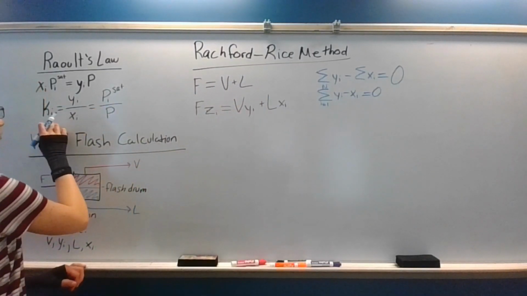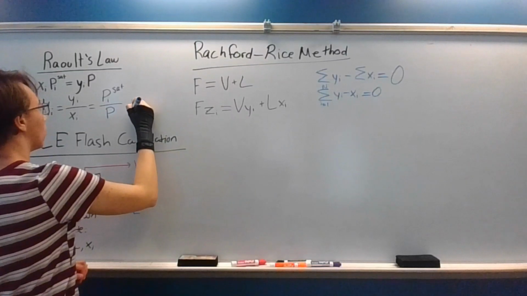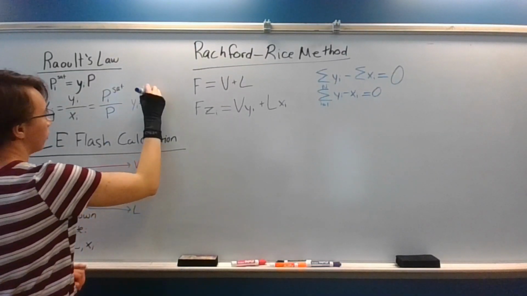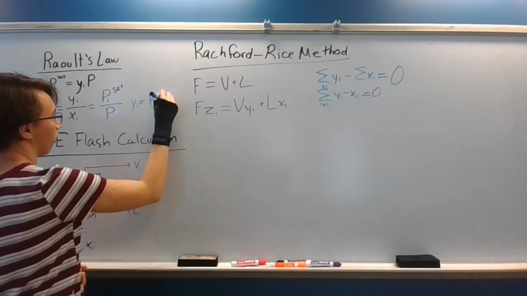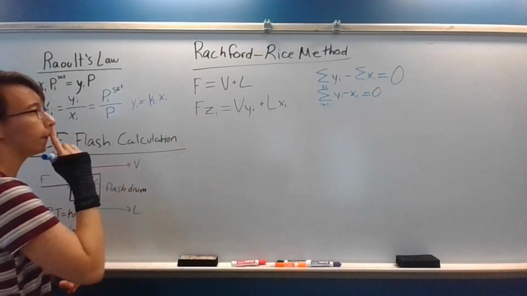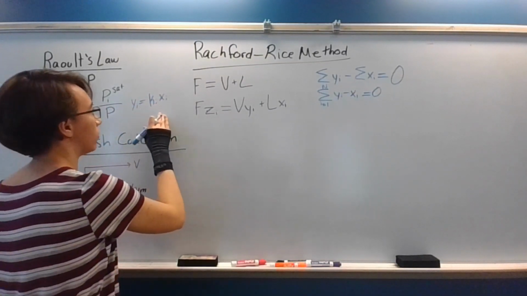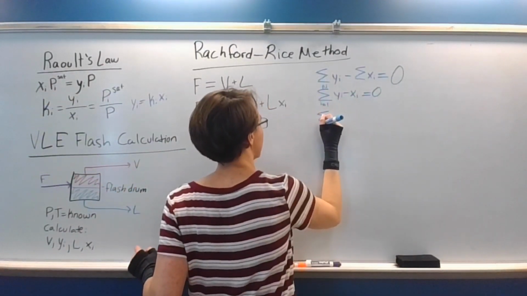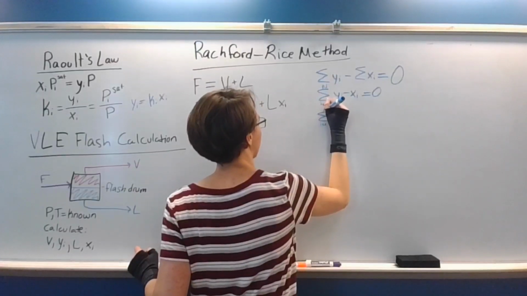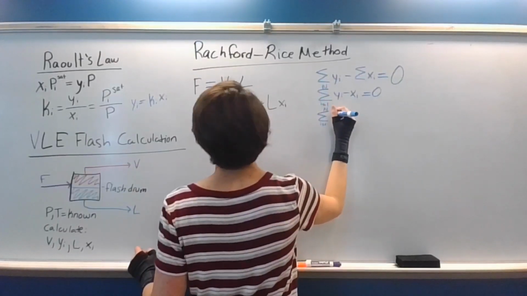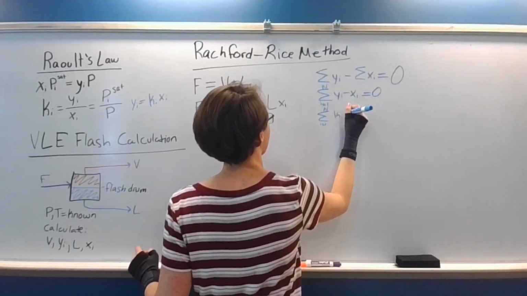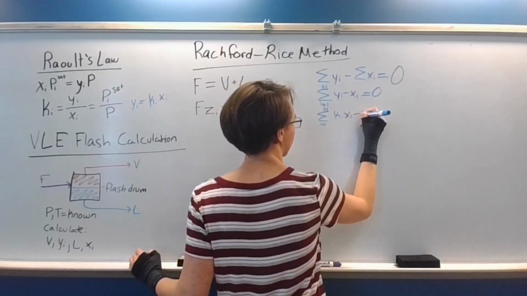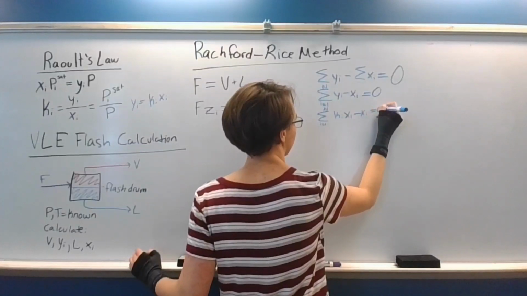So rearranging this part right here, we'll get that yi, the mole fraction in the vapor phase, is equal to this ratio Ki times the mole fraction in the liquid phase. And we can plug that in over here, and we'll get the summation from 1 to n of Ki times the mole fraction in the liquid phase minus the mole fraction in the liquid phase is equal to 0.